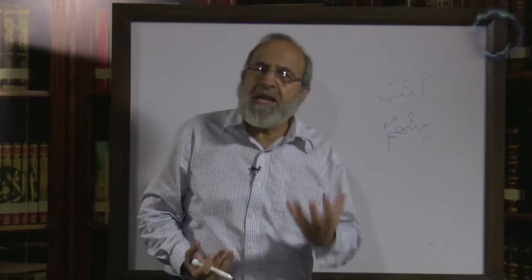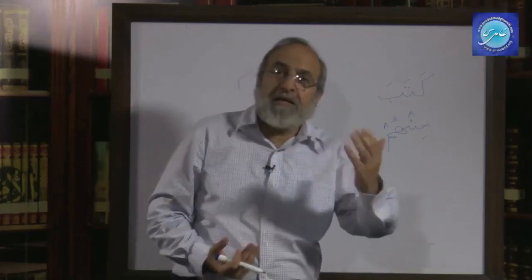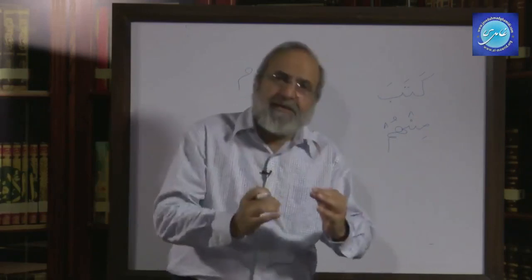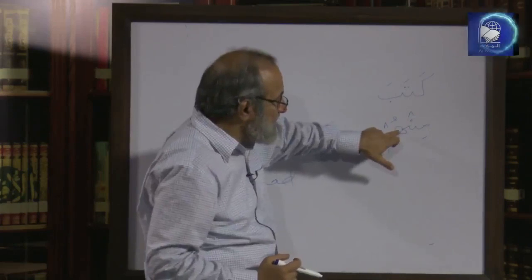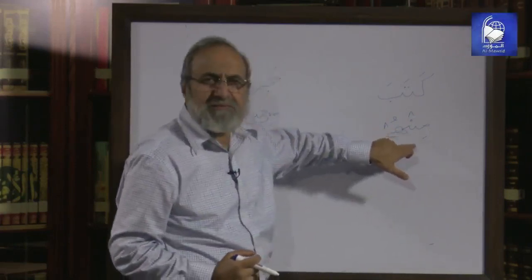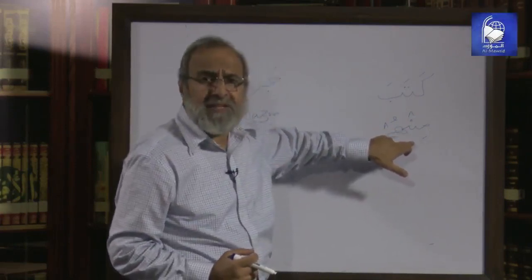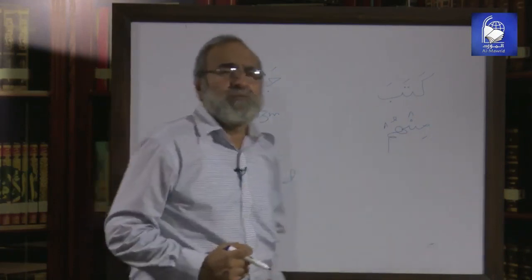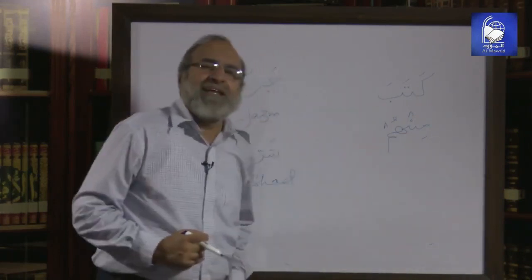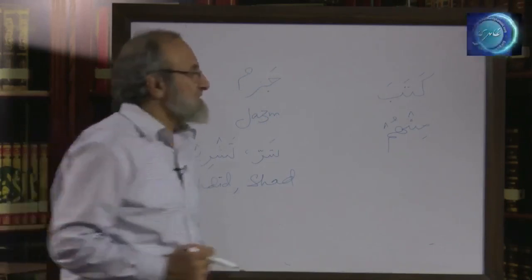So it's min. You know, it's not mini, mina, minu. It's min, as if it comes to a halt. And then followed by hu, which is written like this as well. And it has a dhamma, which is hu. And then again, with the next mim, you have a jazm.